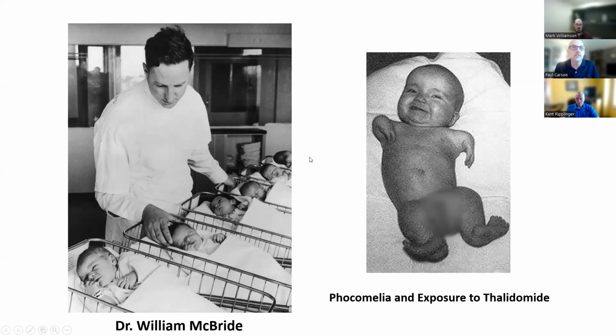And it was in the investigation of these children born with phocomelia and doing essentially what was the equivalent of a case control study, finding that the distinguishing characteristic of exposures was that the mothers had been exposed to thalidomide during their pregnancy, a drug that was being used very effectively to treat pregnancy-associated nausea or morning sickness. Tragically, though, led to these birth defects. So these were very important cases that led to major public health implications.